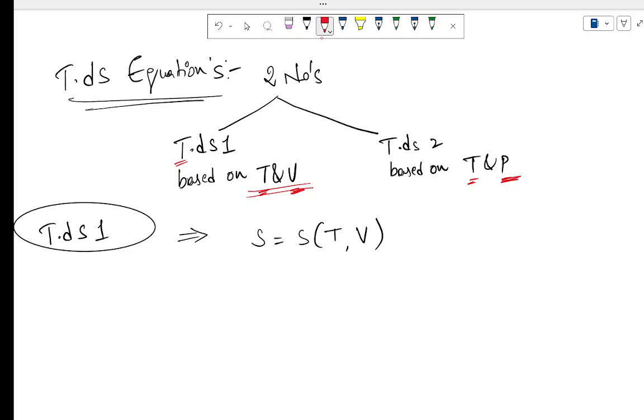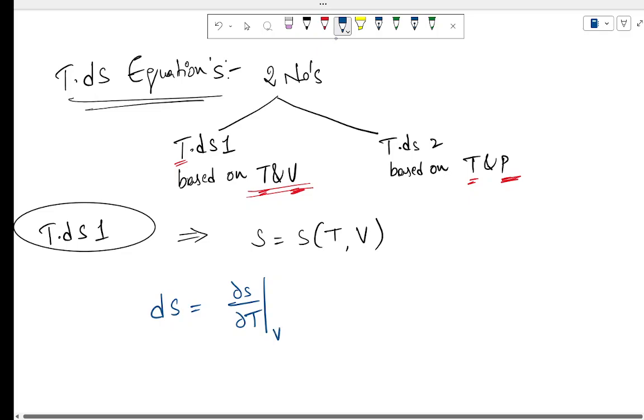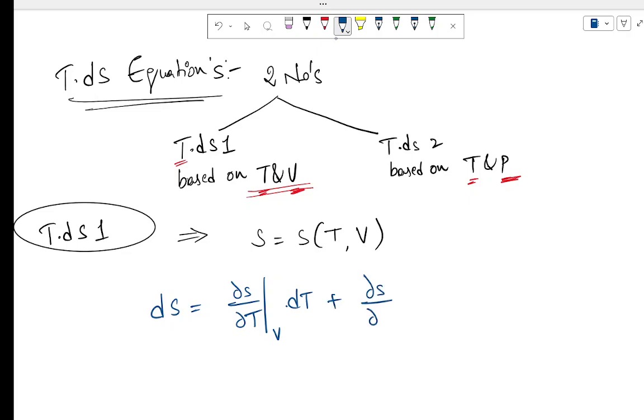From the principles of partial differential equations, for this kind of case, I can write that dS will be equal to ∂S/∂T at constant volume into dT plus ∂S/∂V at constant temperature into dV.